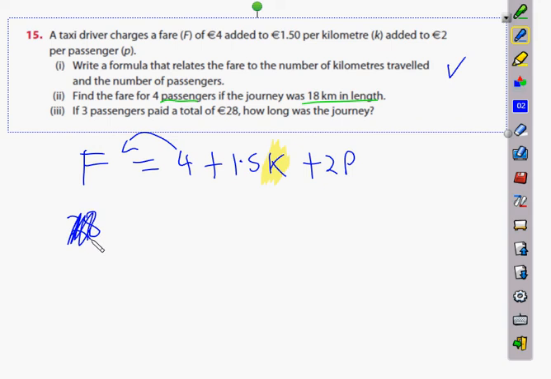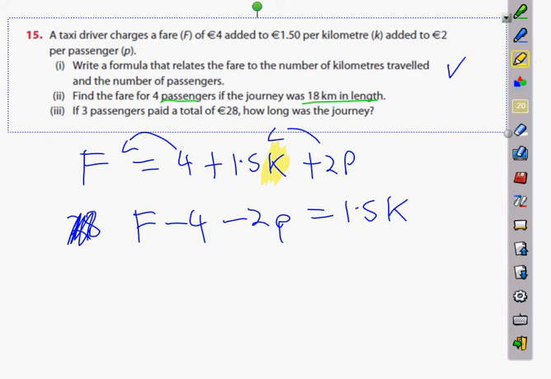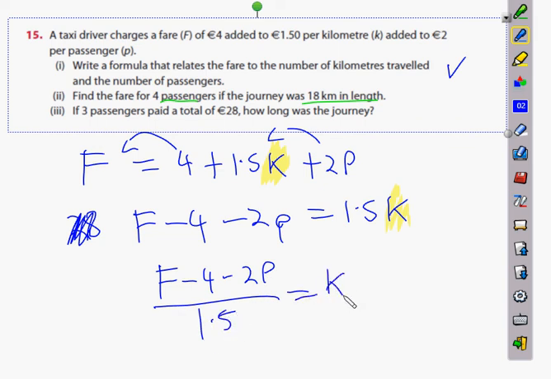Sorry guys, we'll do it normally. Fare minus 4 minus 2p equals 1.5k. Would you agree with that? And we have to get k on its own. How do you get k on its own? Divide by 1.5. So it's fare minus 4 minus 2p all over 1.5 equals k. Are you happy with that?